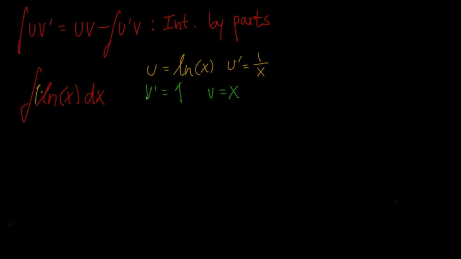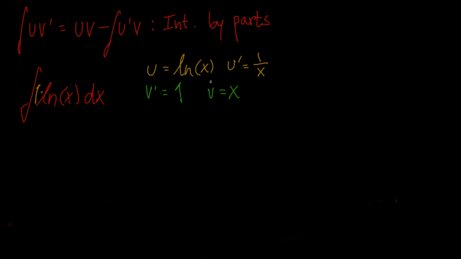The reason why I didn't make my u be 1, you might think that is the most simple function that I could have chosen for u, is because when we get to this integral right here in our rule, we're going to see that we need the derivative of u times v. We're going to have to find that integral.